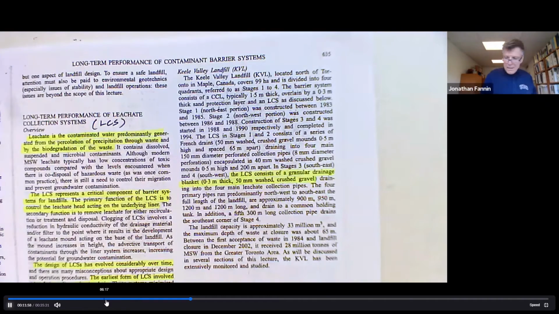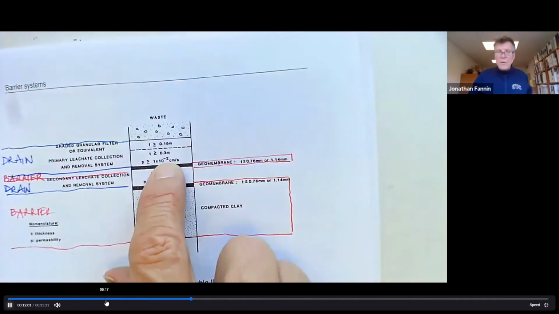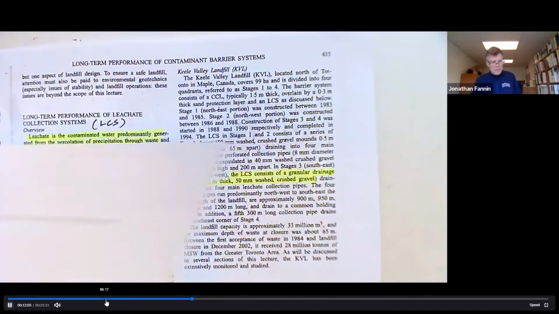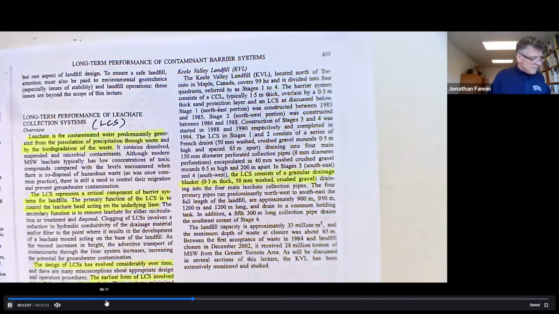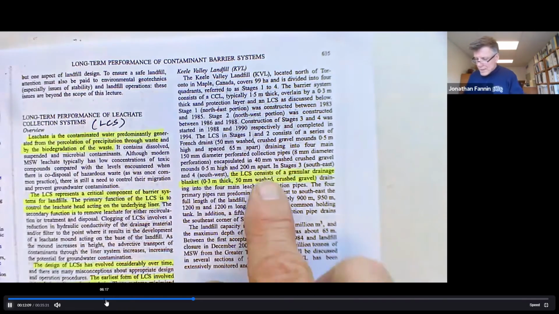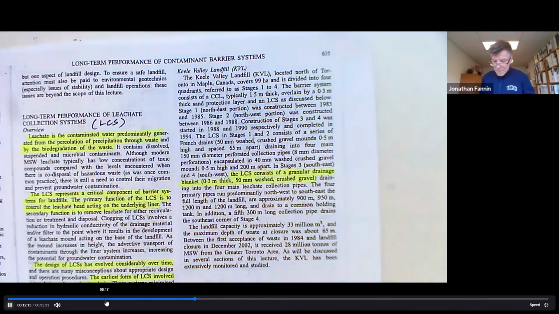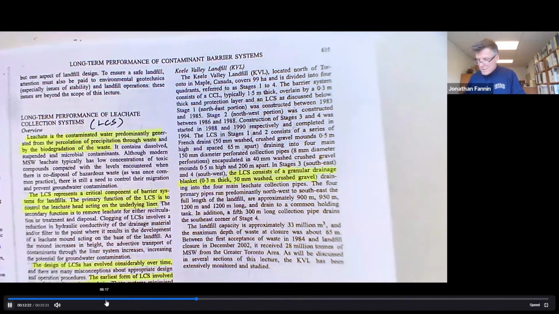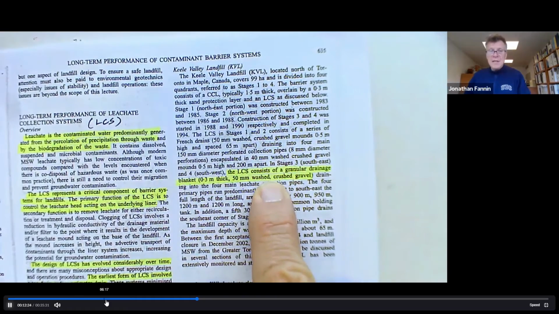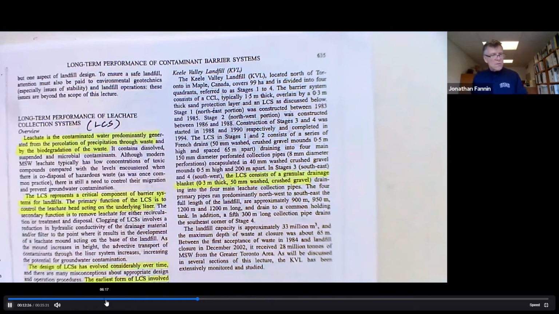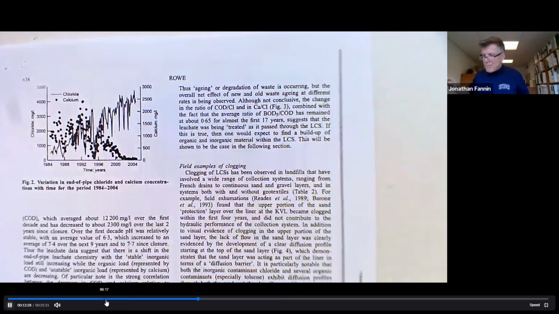US EPA is saying greater than 1 × 10⁻², and Kerry Rowe is observing that the development of design practice has taken us to remarkably permeable drains because of the manner in which they may be compromised over their service life. And as evidence in support of claims that he makes, it's almost a body of evidence.